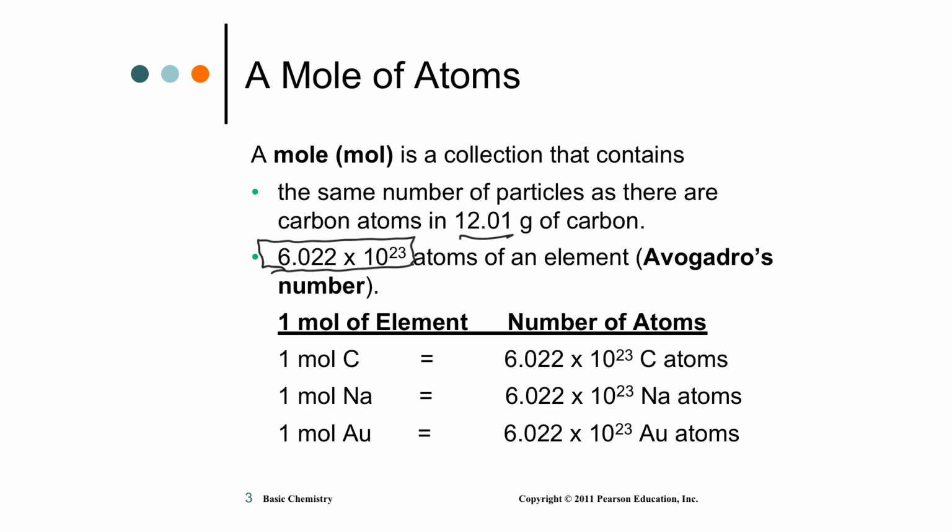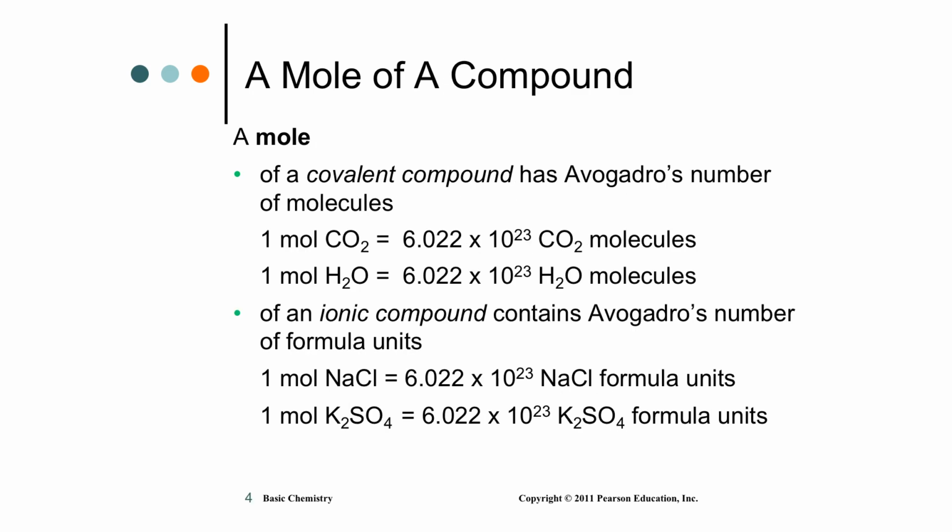So it doesn't matter what you have. You can have a dozen eggs, you have a dozen donuts. Right? It's the same. You have 1 mole of carbon, 1 mole of sodium, 1 mole of gold, whatever. So if you, for instance, have a mole of carbon dioxide gas, you have 1 mole, or Avogadro's number, of molecules.